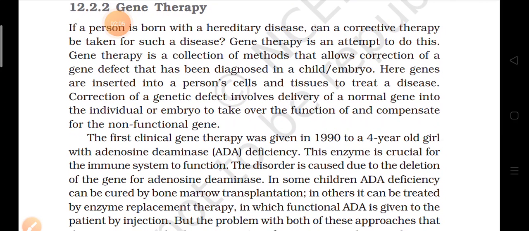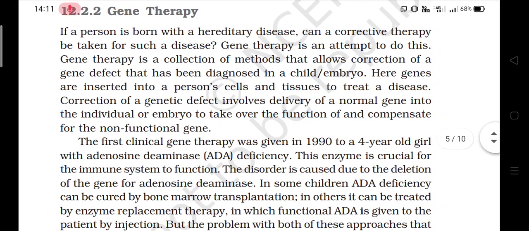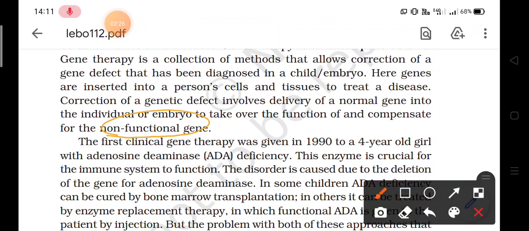Normal genes will be taken and introduced in place of the defective gene, and this can be done in the individual or in the embryo. The non-functional gene, which is of no use, the defective gene, will be removed.